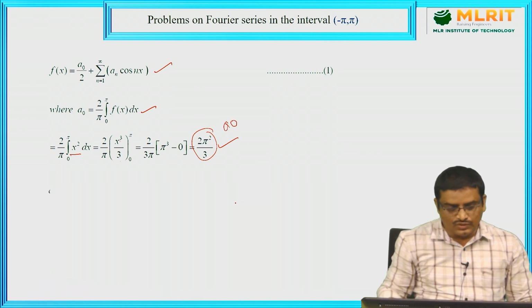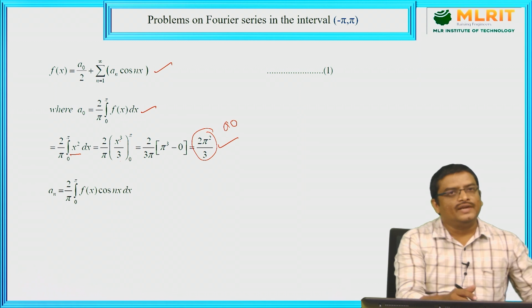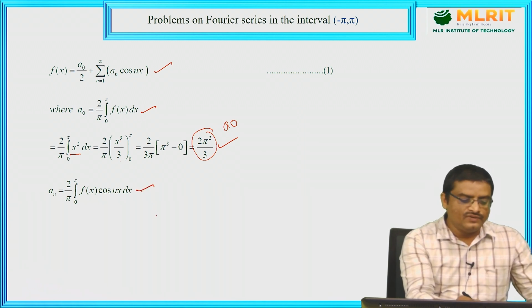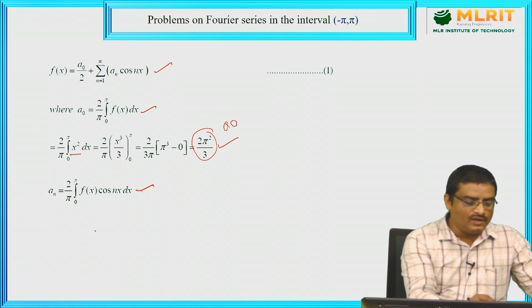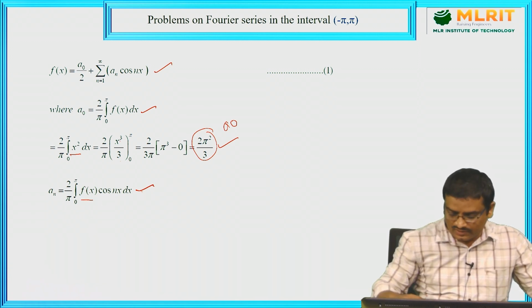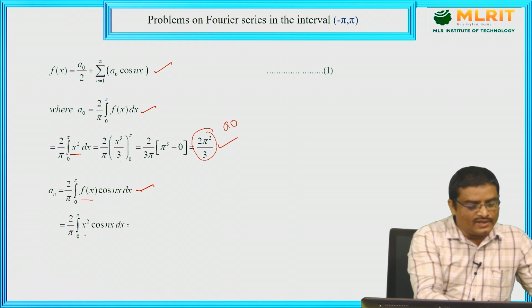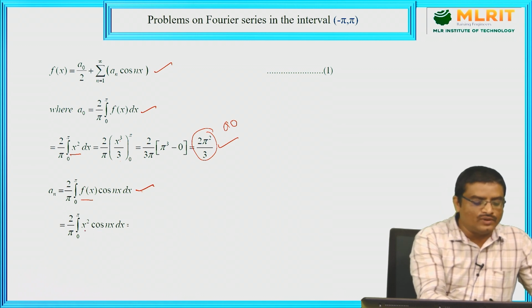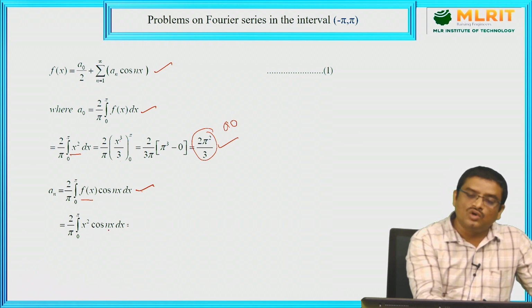Okay, now let us go for the next coefficient, that is a n. This is the formula to find out the value of a n. Follow the same procedure, replace that f of x with x square, so x square cos nx. If you observe the function inside the integral, we have the product of two functions, one is x square and the next function is cos nx.